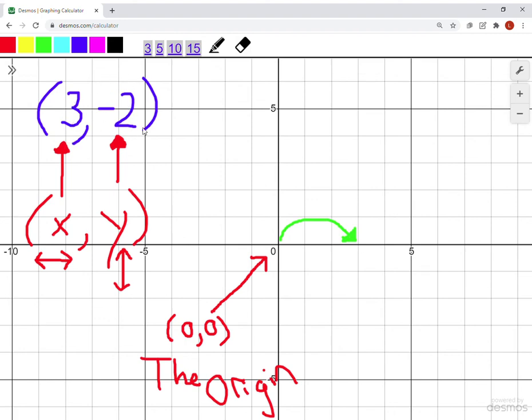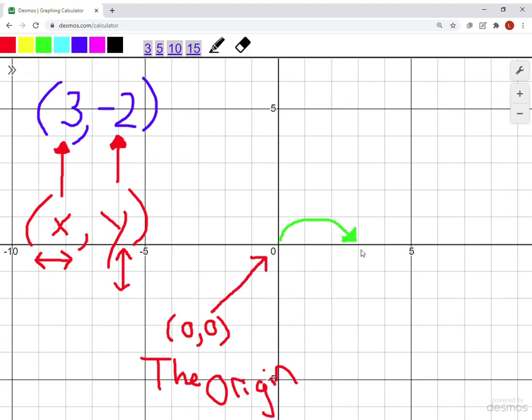Next up, I need to address the -2. So the -2 says I'm moving in the y direction now because -2 is my y coordinate. If the number is positive, you move up the y. As you can see, positive numbers are above the origin. And if the number is negative, you move below the y. I know it's kind of covered up by my writing, but that is a -5 down below the origin.